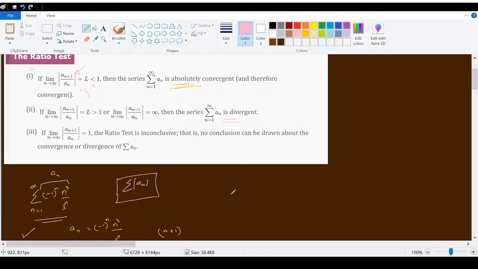Remember, now there can be series where it diverges when you take the absolute values, but it converges when you take the normal values. For example, this one. Now you have to remember these examples. This series, no, not this one, this one, negative 1 over n.